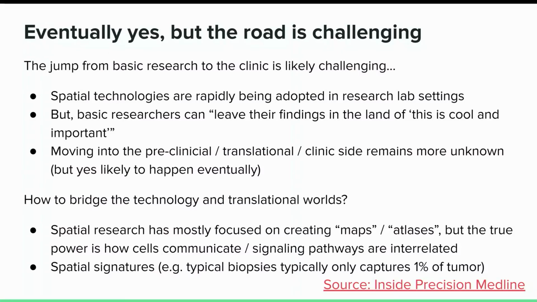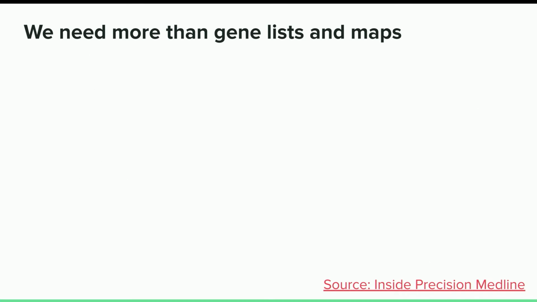That's going to be the true powerhorse of spatial profiling, in my opinion. Also, being able to get spatial signatures, so gene signatures that are spatially aware, in the context of where cells are in a 2D space. Typical biopsies may only profile a very small percentage of a tissue sample, while spatial profiling may be able to capture a larger area of that particular tissue.